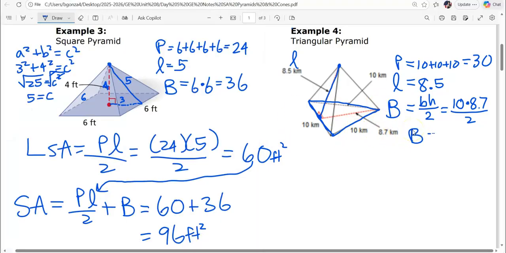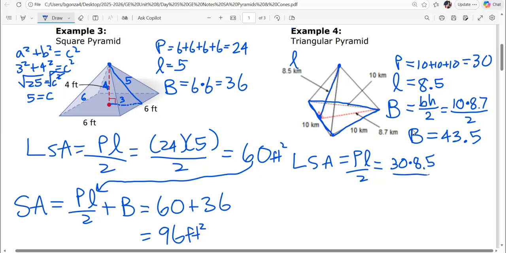So big B equals 43.5. And now we can do just like we did before. The lateral surface area is PL over 2. 30 times 8.5 divided by 2.